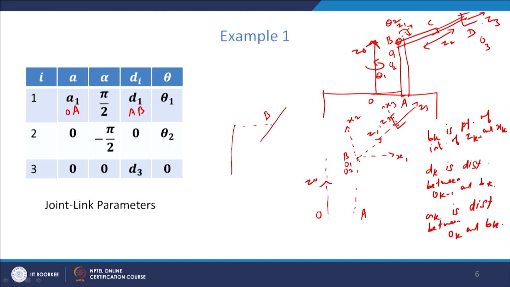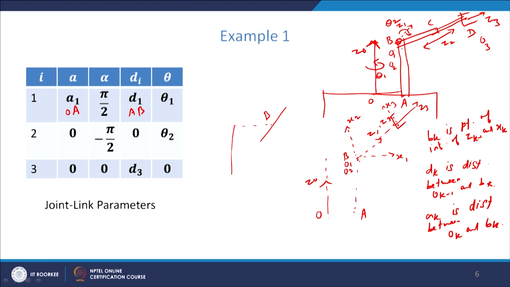Then the third one is the prismatic joint, and at the point B we can get D3 as B3 and O2.